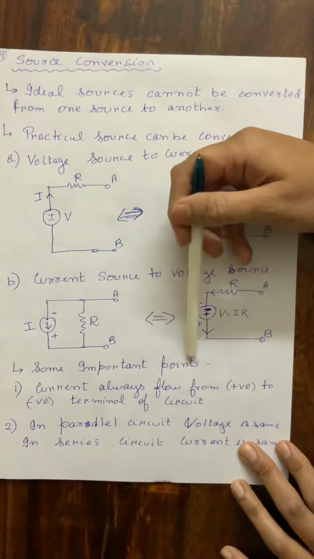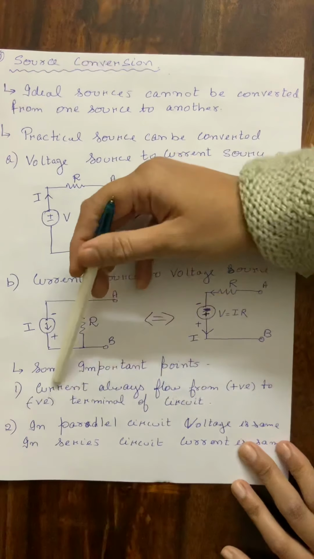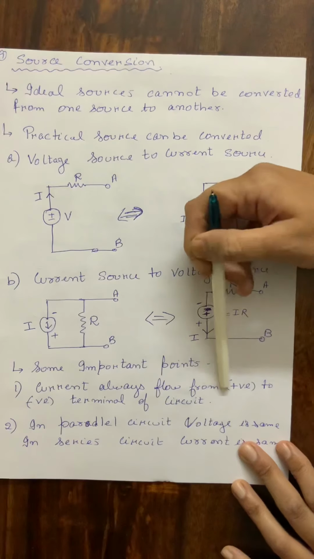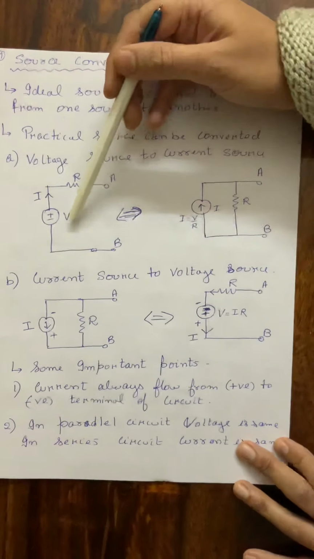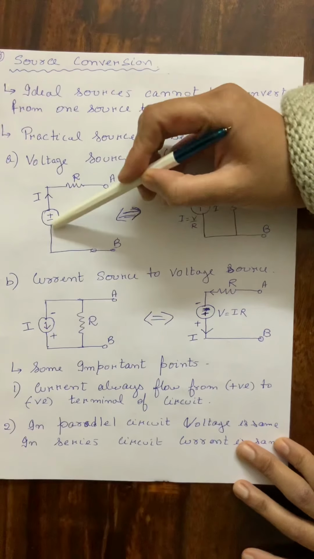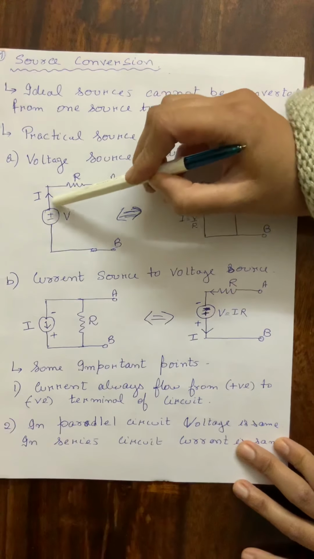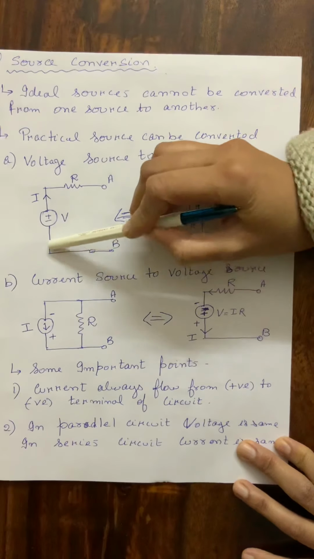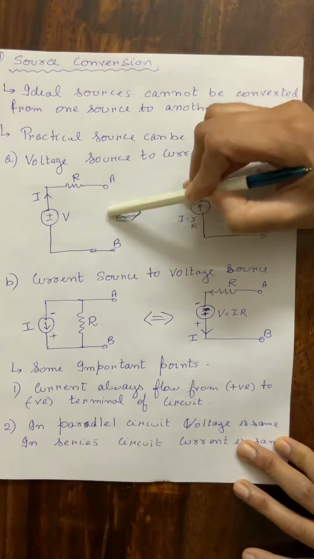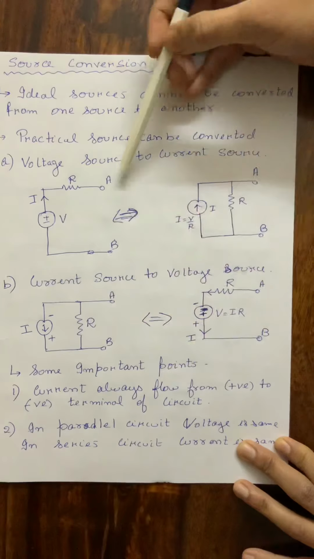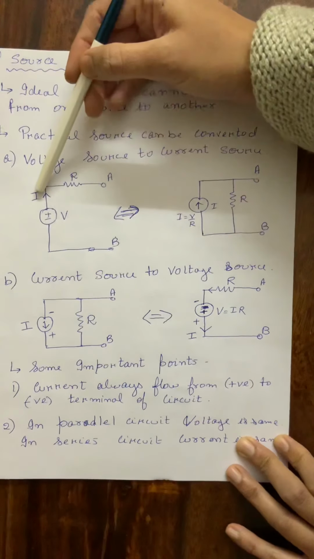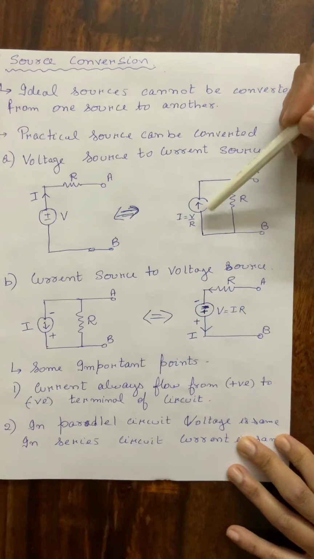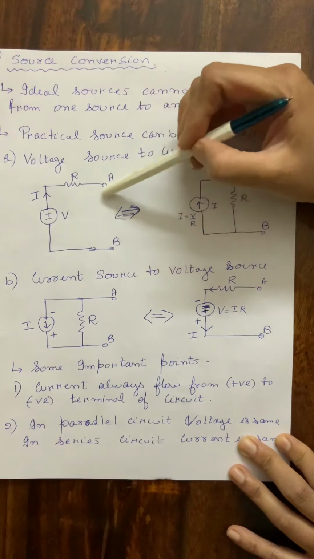Some important points to note here: current always flows from the positive to the negative terminal of the circuit. Now let's see this circuit again. Here plus and minus polarities are shown and the current is flowing from plus, if this circuit is closed, to minus. In this way the current is flowing. When we convert this voltage source to a current source, the arrow will go in the same direction in which the current is flowing.